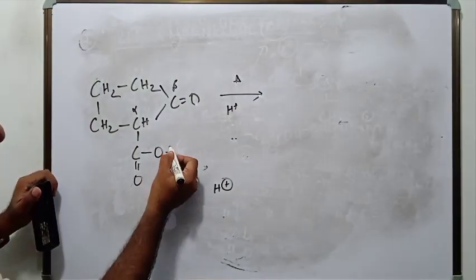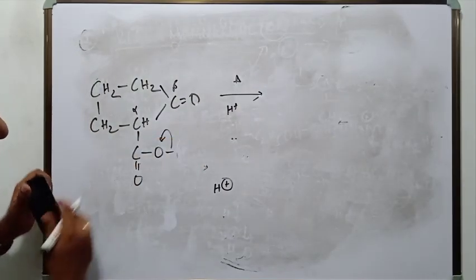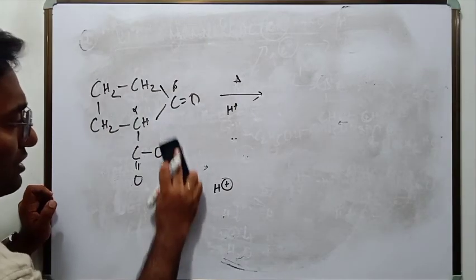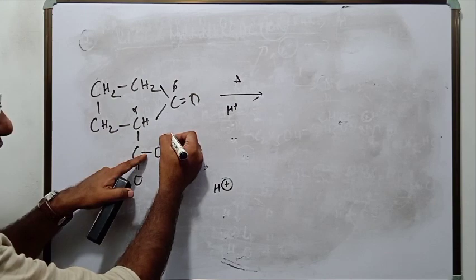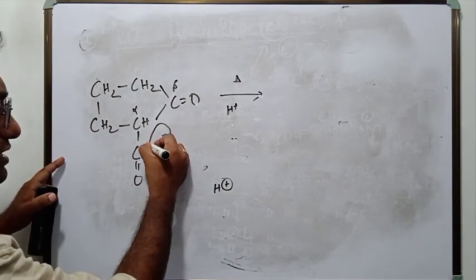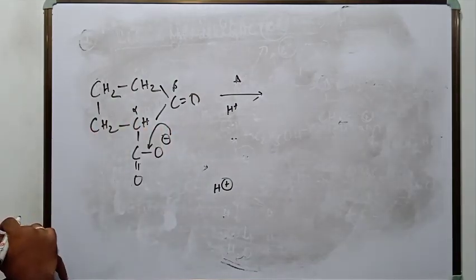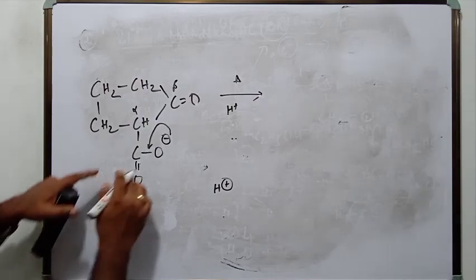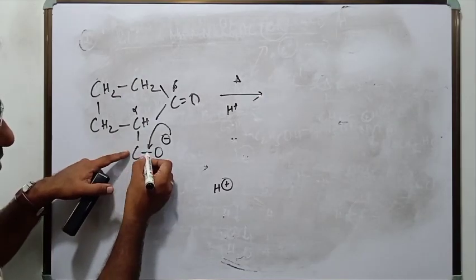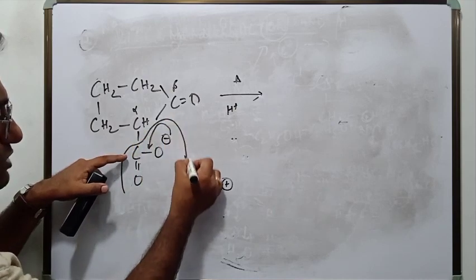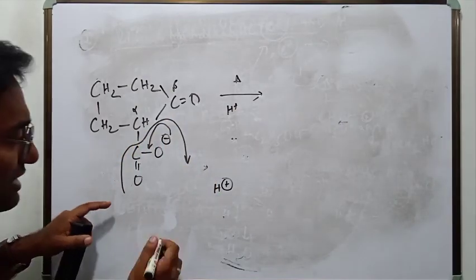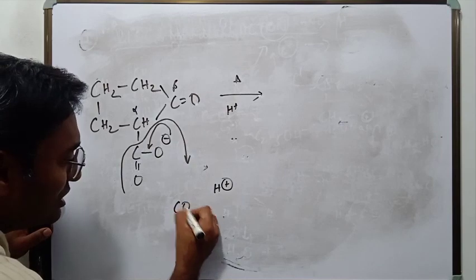This electron pair jumps onto oxygen, so oxygen becomes negative. Now this oxygen comes and forms a covalent bond with carbon. When this occurs, carbon valency becomes 4, so this portion of the molecule splits off and becomes CO2.